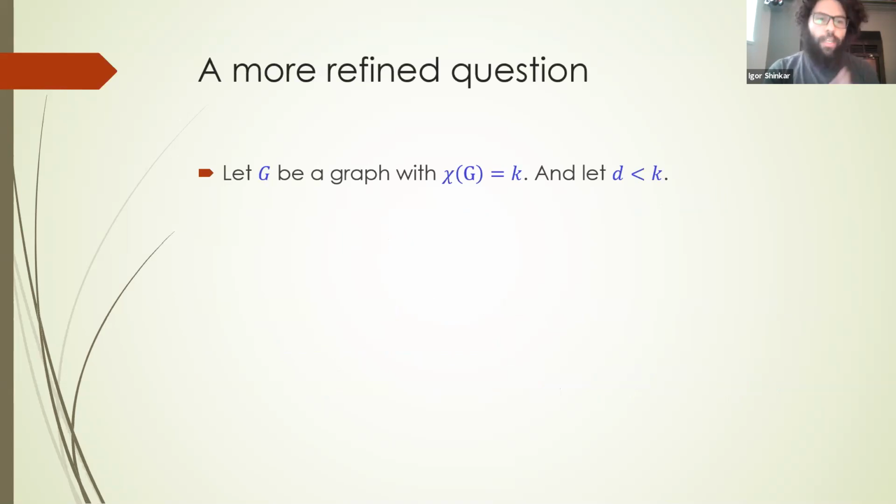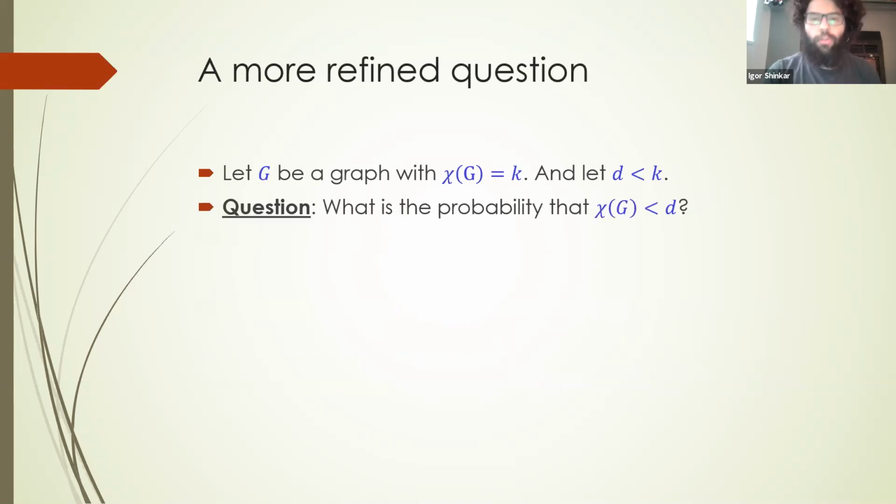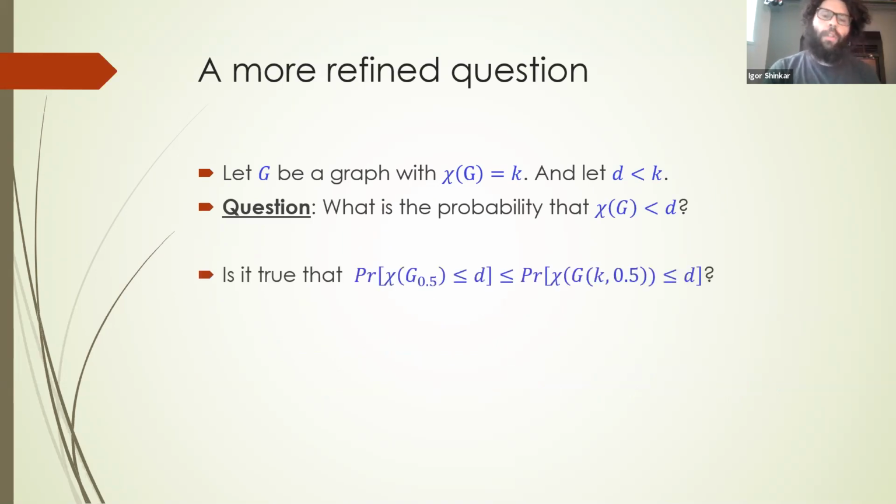Okay, so now I'm getting to more refined questions, and then I'm actually going to tell you something. Instead of looking at expectation, let's look at the probability that the chromatic number of G1/2 is small, compared to the random subgraph of the complete graph. Is it true that we always have the inequality in the direction that we want?